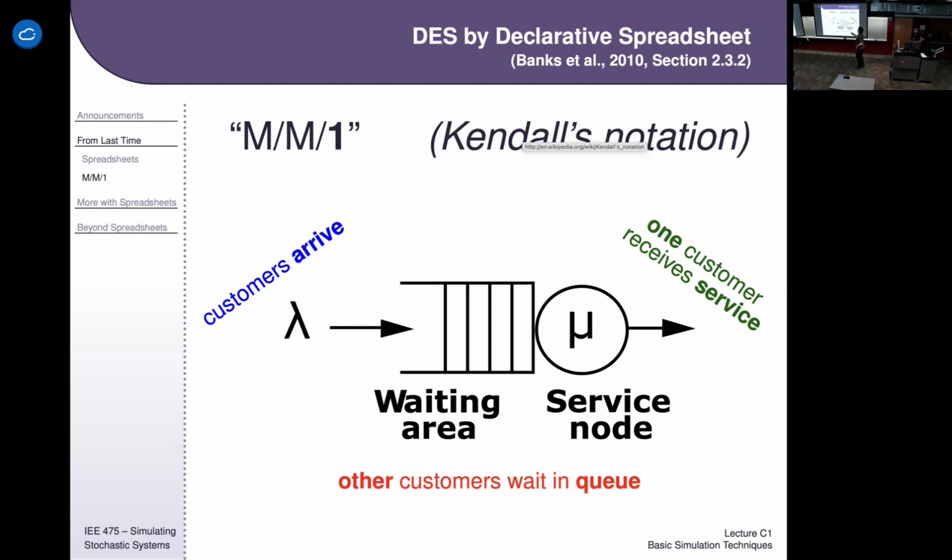This M and this M have to do with the distribution you've chosen for the inter-arrival times, that's the first M, and the service times, that's the second M. So in an MM1 queue, there's one arrival process and one service process. The inter-arrival times are exponentially distributed and the service times are exponentially distributed.